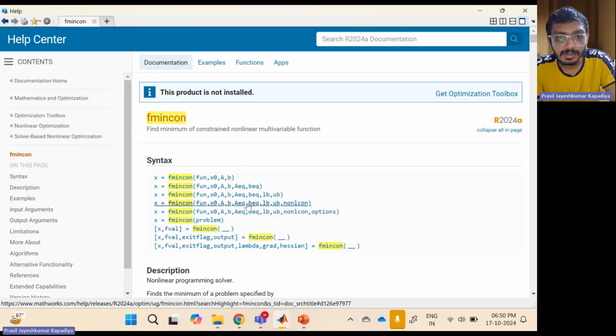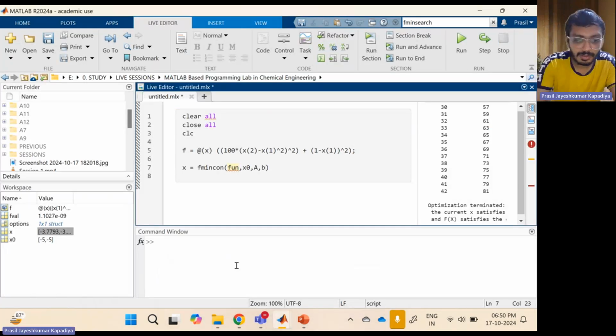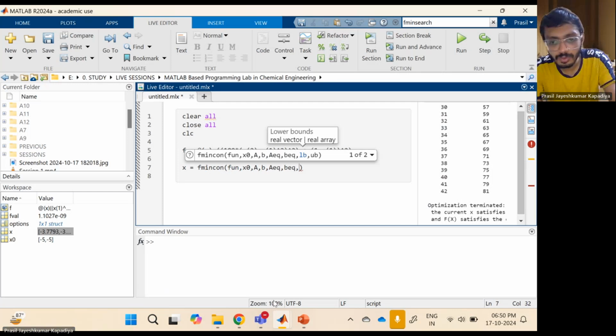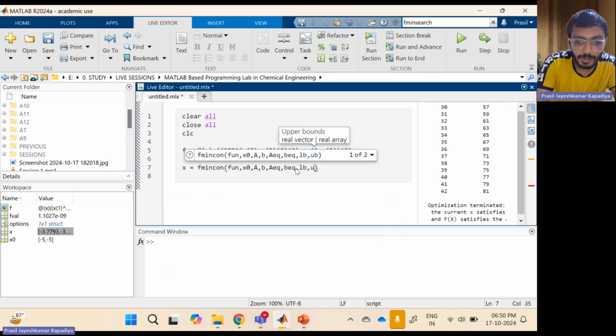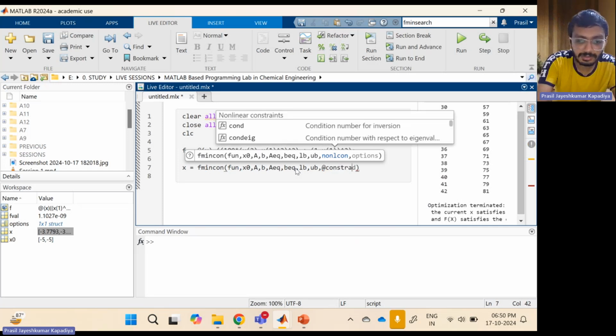Then it is Aeq, beq, lower bound, upper bound, and nonlcon. Aeq, beq, then lower bound, upper bound, and let's say I'm giving the name of that as constraint.